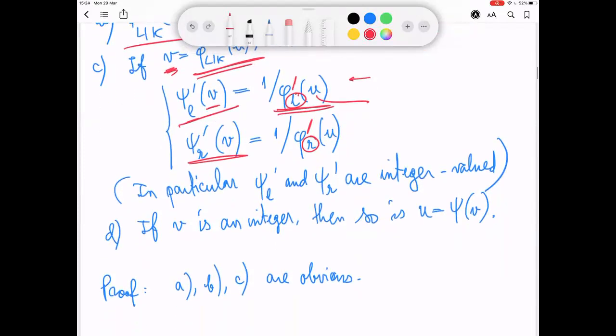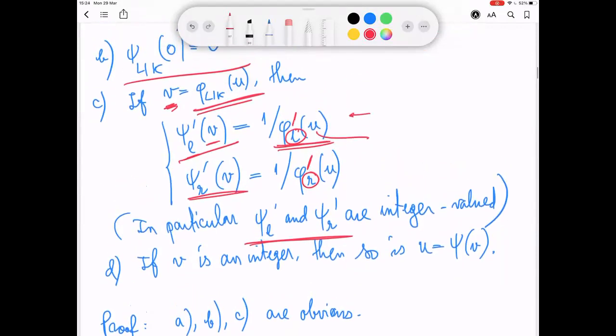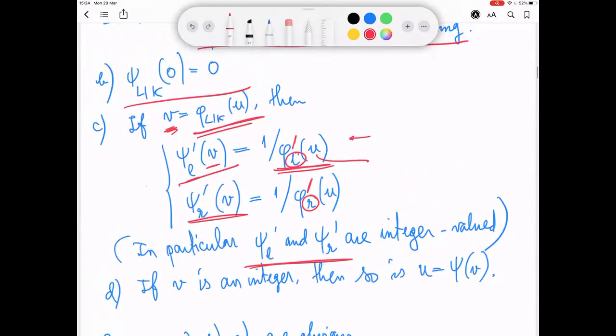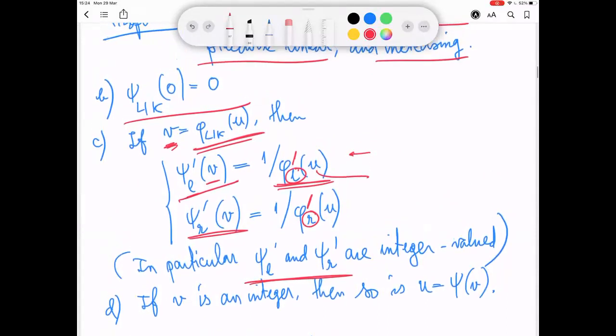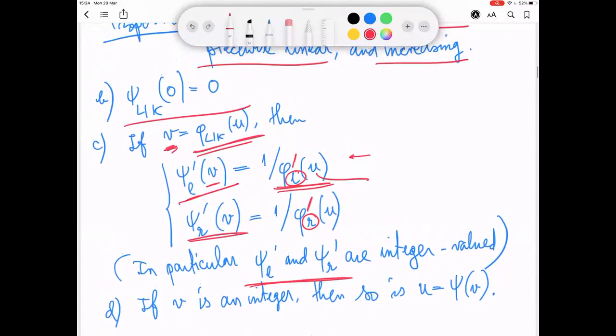So just recall. Now, if you recall that this phi L prime of u was 1 upon an integer, right?